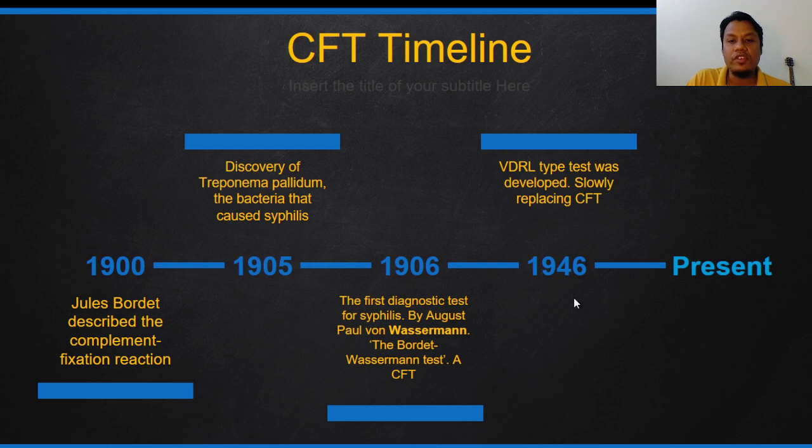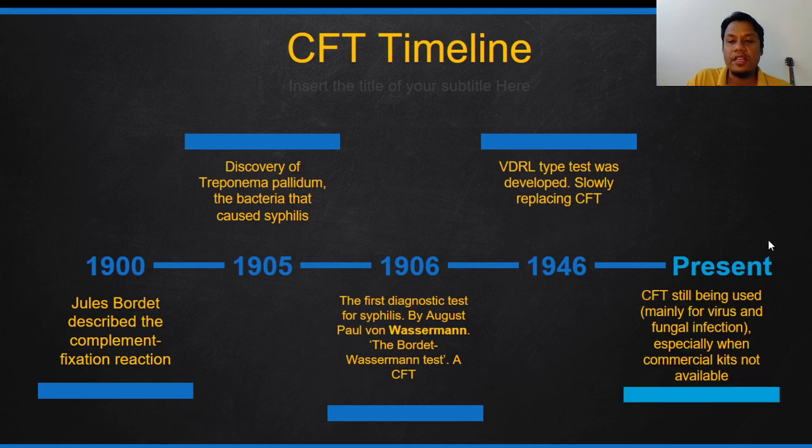Then in 1946, quite an important event happened where the VDRL test was developed. VDRL stands for Venereal Disease Research Laboratory. This VDRL test slowly replaced CFT for determination of syphilis infection.